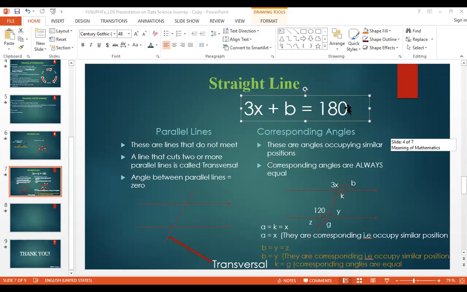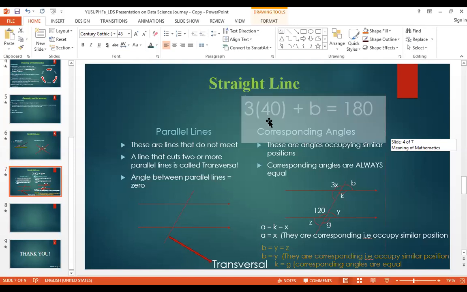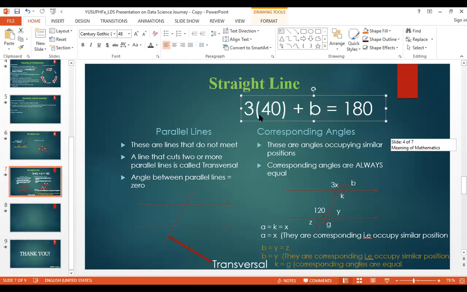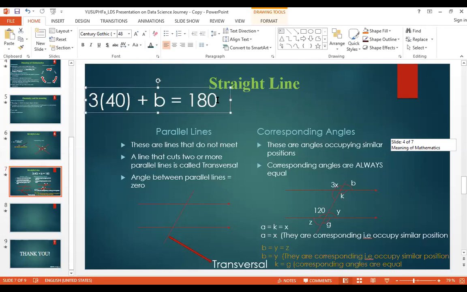So now 3x plus b is equals to 180. Now x is 40, right? That means we are going to have 3 times 40, and that's 120. So what this simply means is that we're having 3 times 40, that's 120, plus b equals to 180.